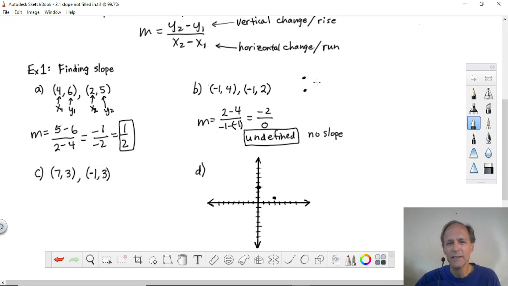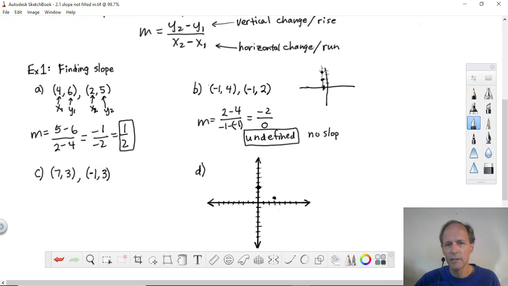We could draw them. Let's go ahead and plot them real quick. So you have something like this, and negative 1, 4 would be about right there. And then negative 1, 2 would be about right there. So there's our points, and they're just right on top of each other.